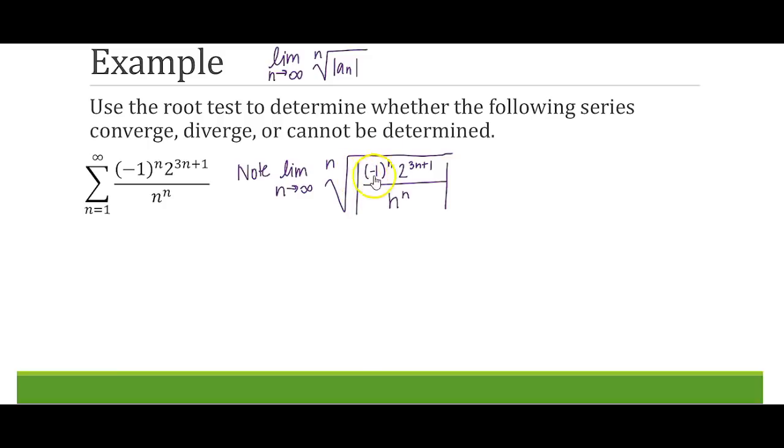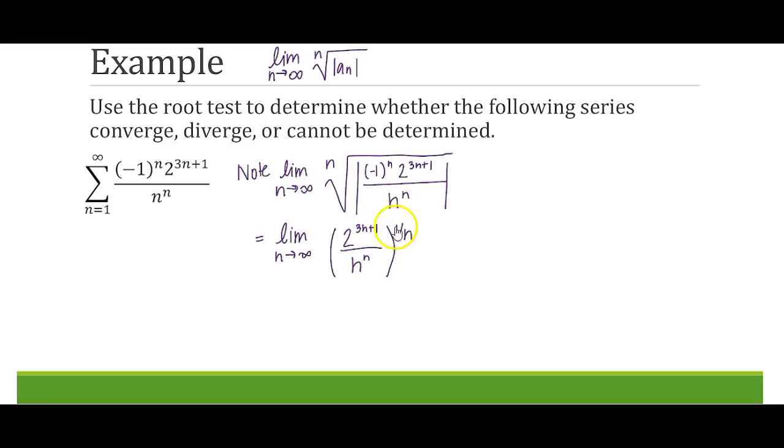Well, the absolute value is going to eliminate this alternating piece. So this is the same as the limit as n approaches infinity. I'm going to rewrite the nth root as the power of 1 over n, and I'm going to drop the absolute value and the alternating term. So I'm going to have 2 to the 3n plus 1 over n to the n, all raised to 1 over n.